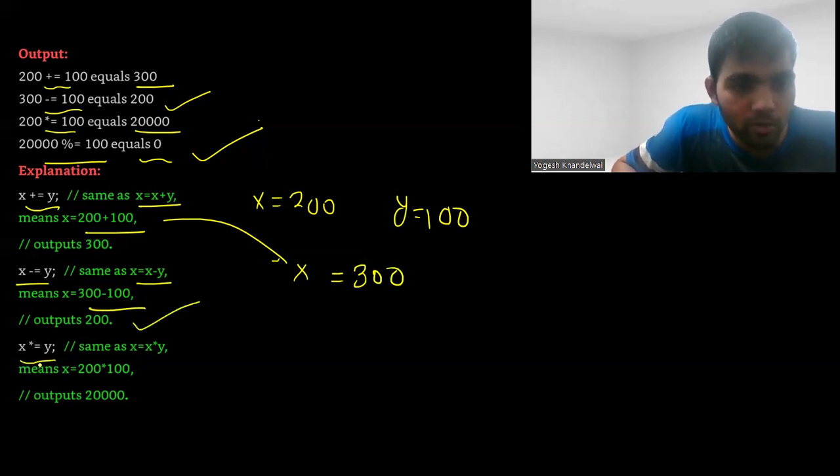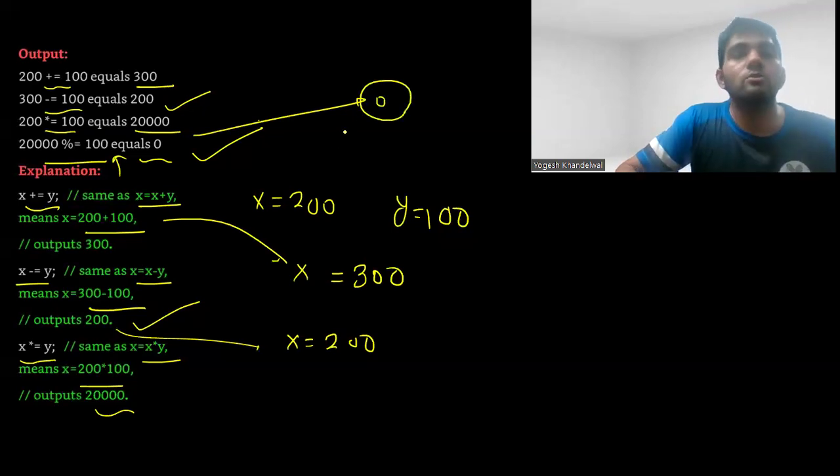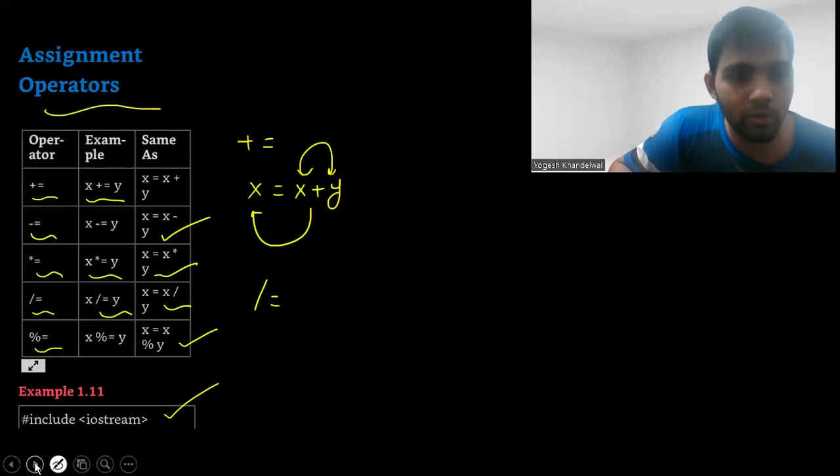And this operation, x multiply equal to y, is the same as 200 multiplied by 100. So the output is 20,000. And if you do the remainder operation, the output will be 0. So in this way, you can use these assignment operators.